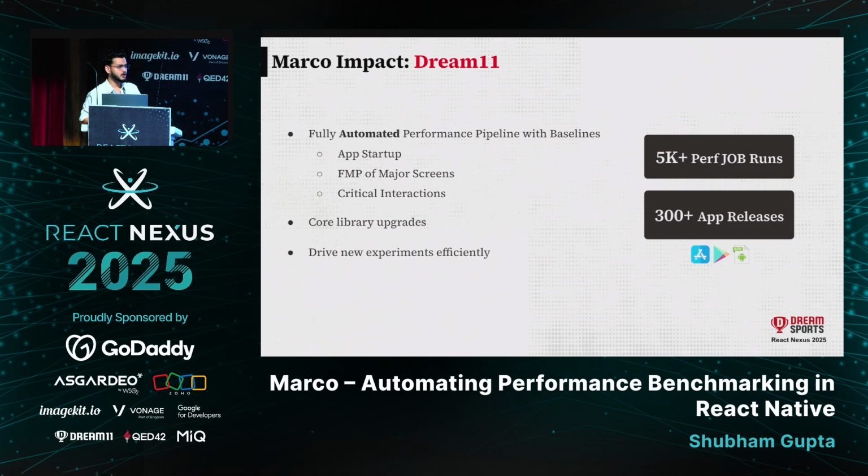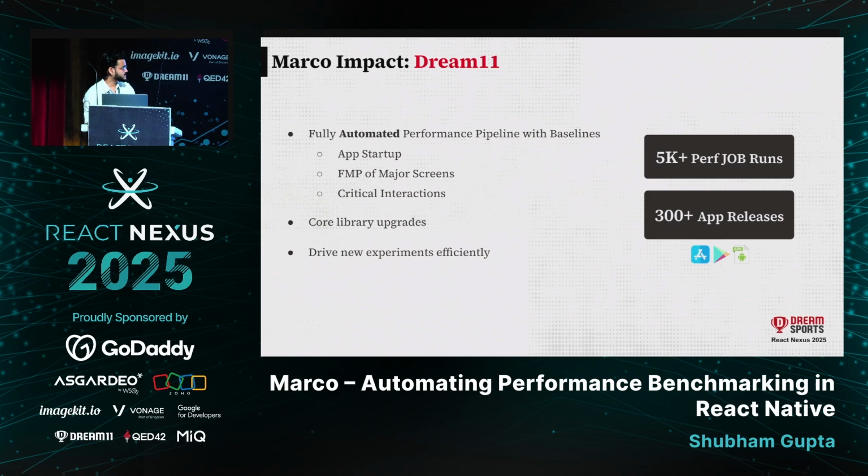So we run a job daily on a 3-hour basis to track this important metric. After this, we had also identified 15 to 17 important screens, and we track FMP of those major screens as well. Apart from this, on those important screens, we had also identified 2-3 critical interactions. So Marco is also being used to track those interactions as well.